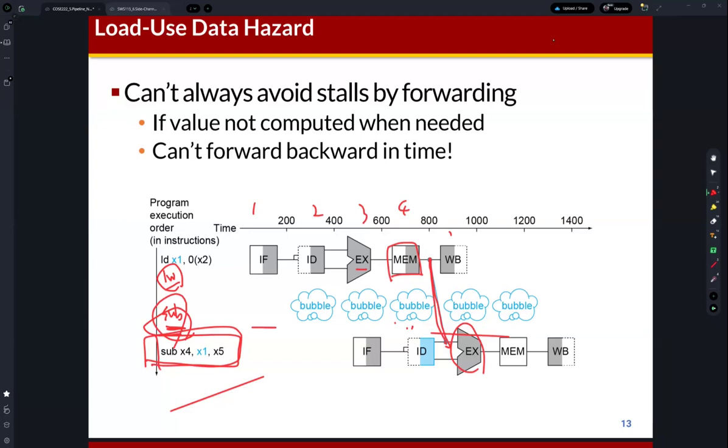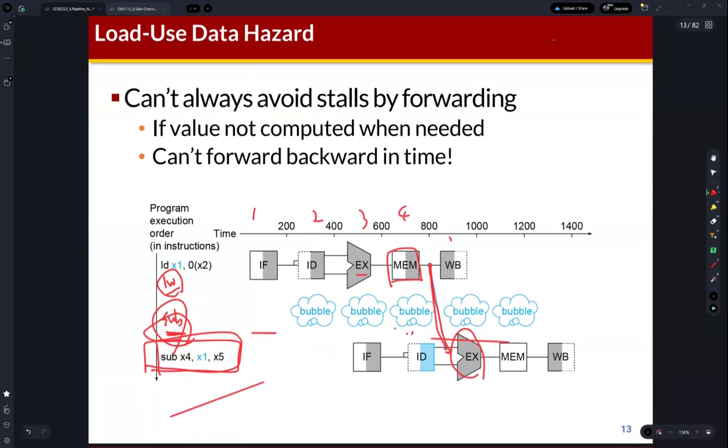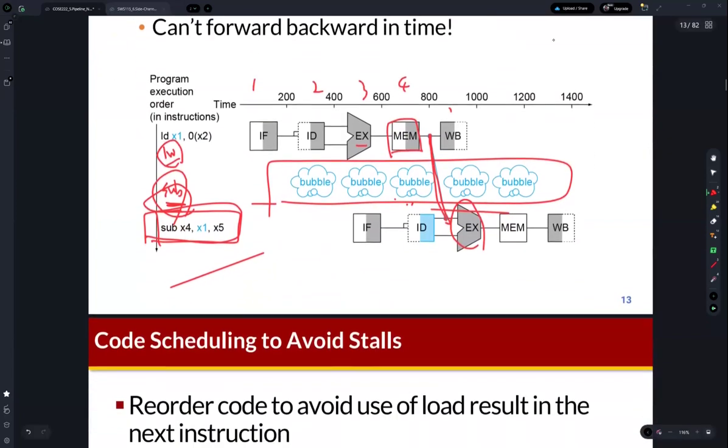Okay, so this is the load-use data hazard, and we cannot avoid this load-use data hazard. Which means one clock cycle needs to be wasted for this case. Okay, so one cycle will be wasted.